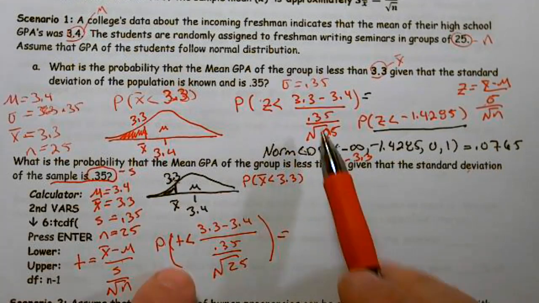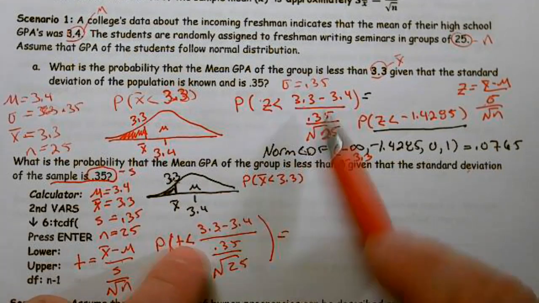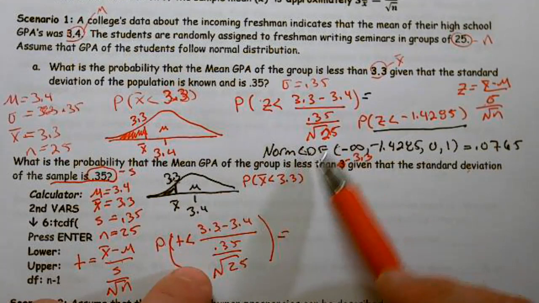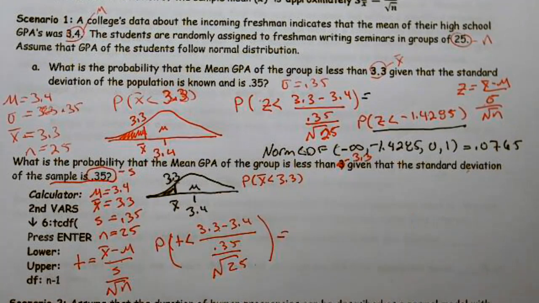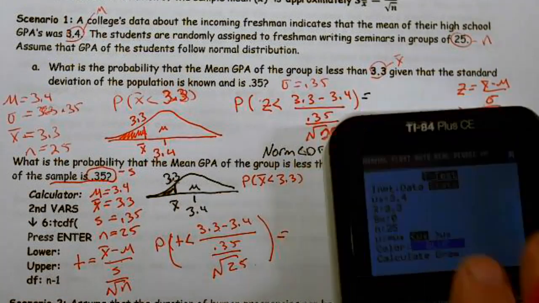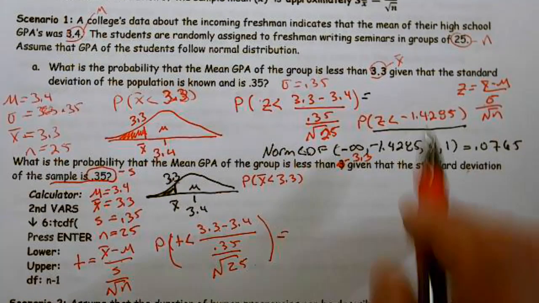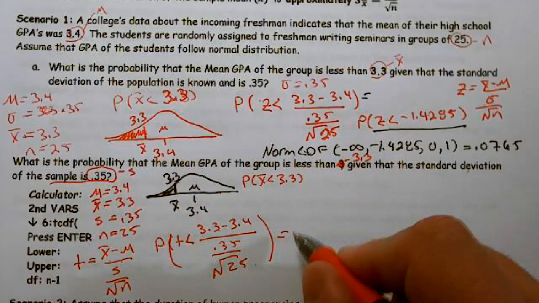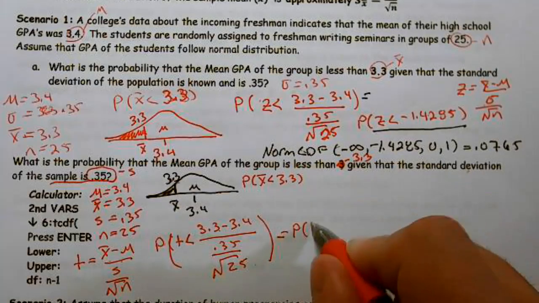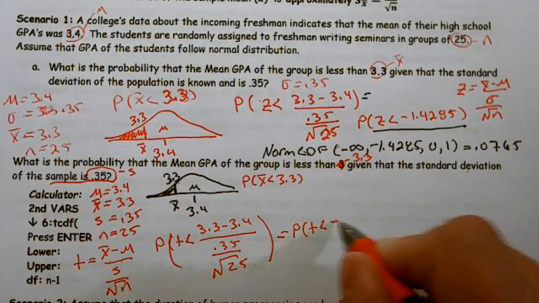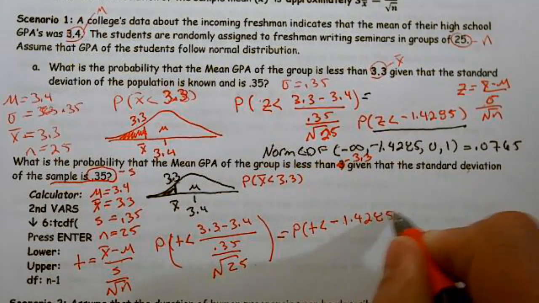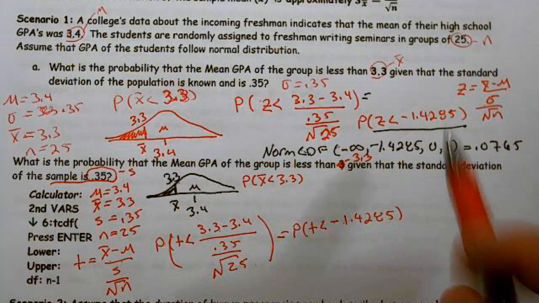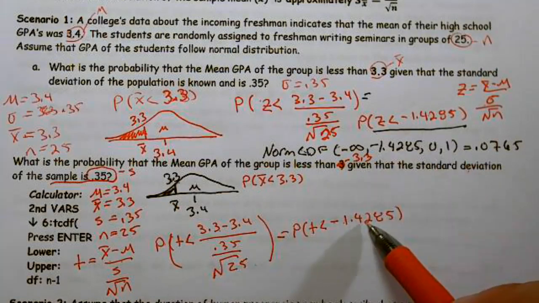Well, 3.3 is the same, 3.4 is the same, 0.35 is the same, and 25 is the same. And when I solve this, I'm going to get exactly the same value as I have right here. So this is going to equal the probability that T is less than negative 1.4285. So once again, we have exactly the same values.